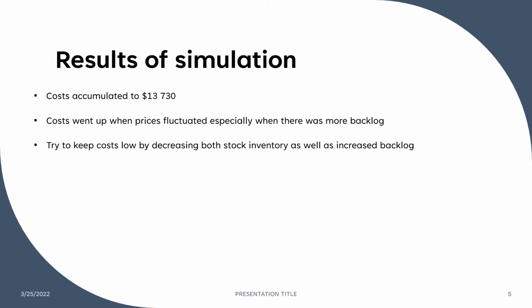As you could see in the PDF, we hit backlog about 3 times, and those 3 times the cost accumulated exponentially. It's so much, and it clearly shows how bad having backlog is.